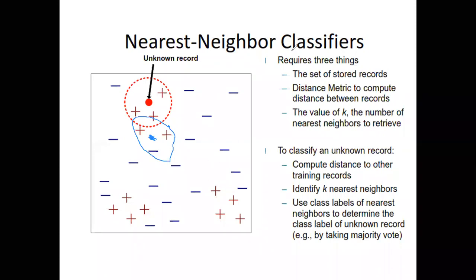What happens if I take 2NN instead of 3NN? The dot is present here, with the 2NN algorithm, and you have decided the k value as 2.